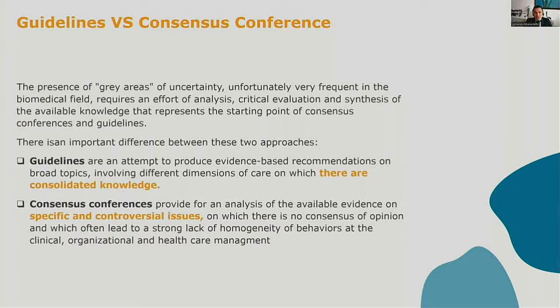The guidelines, on one side, are an attempt to produce evidence-based recommendations on broad topics involving different dimensions of care on which there is consolidated knowledge. The consensus conferences, on the other side, provide for an analysis of the available evidence on specific and controversial issues on which there is no consensus of opinion and which often lead to a strong lack of homogeneity of behaviors at the clinical, organizational, and healthcare management level.